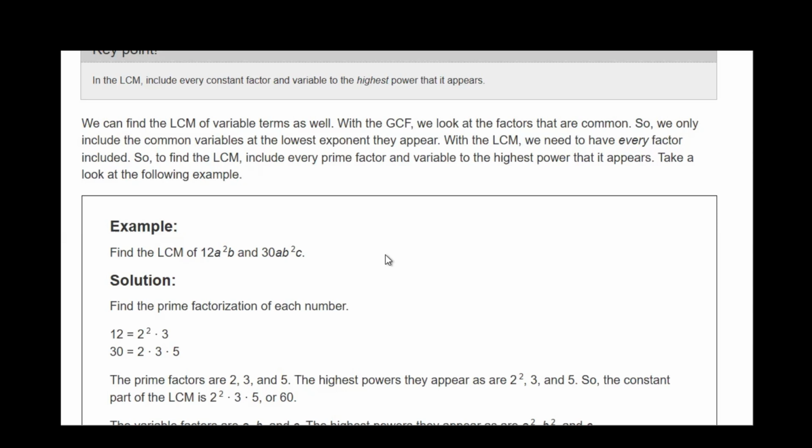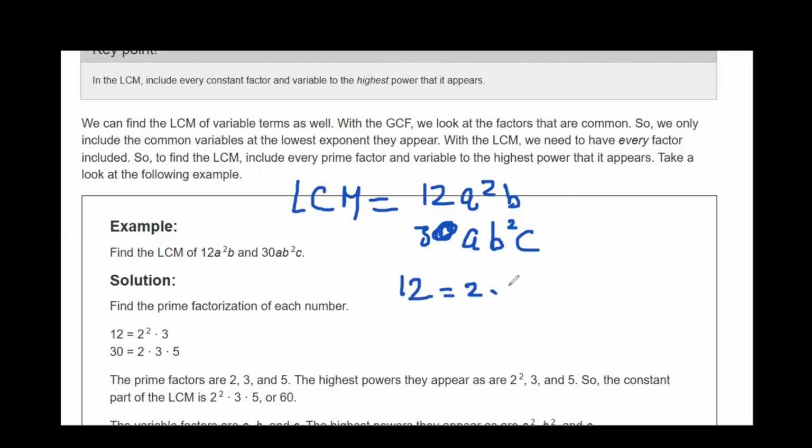Take a look at the following example. It's saying least common multiple of 12a squared b and 30a b squared c. So first 12 and 30. 12 is 2 times 2 times 3, and 30 is 2 multiplied by 15, which is 3 times 5, correct?